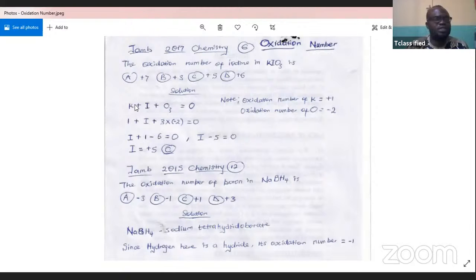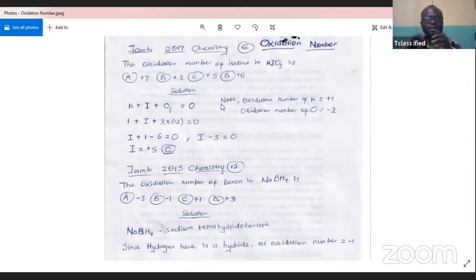So we have the summation of the oxidation numbers of the potassium, the iodine, and the oxygen. If you sum the oxidation numbers, you're supposed to get 0. So make sure that you equate the sum of the oxidation numbers to 0. Then once you do the calculation, you should be able to get the oxidation number of what you're looking for.